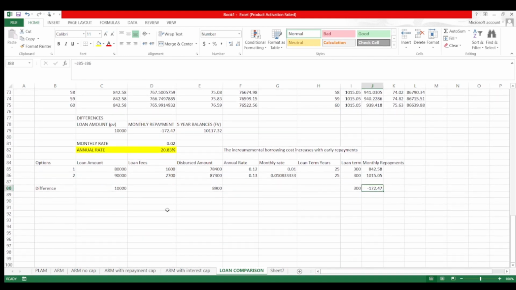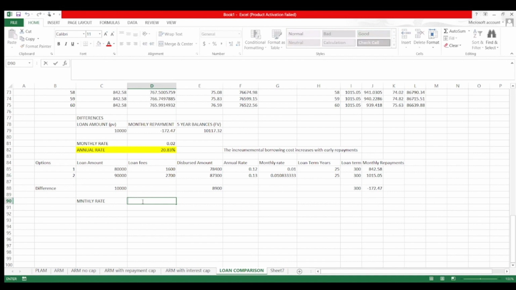So now what we're trying to establish is the effective rate. So the effective monthly rate that will give us a present value of 8,900, noting the monthly repayment being 300 and the loan amount being 172.47, this being the difference.